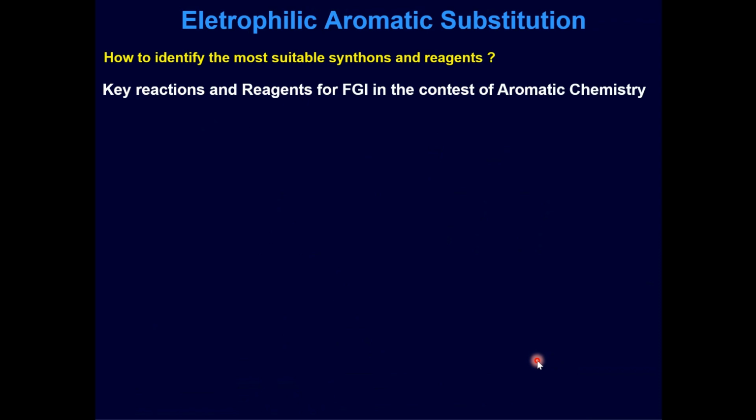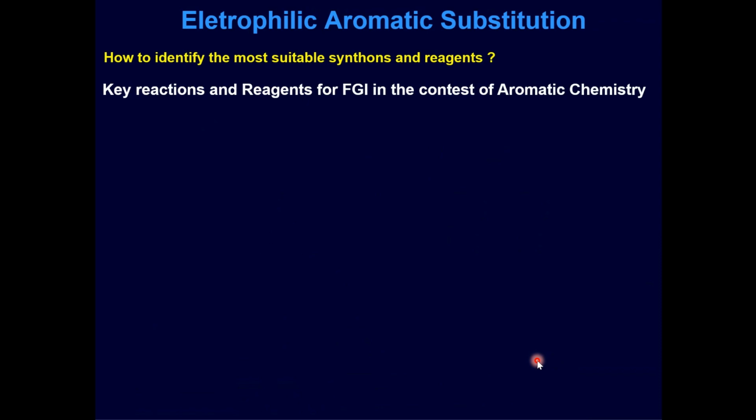Sometimes we know that directly adding a functional group may not be possible. As we have seen in benzocaine synthesis, the amino group I cannot directly attach to benzene because of the NH2 minus, and benzene is also electron rich, and we know that like poles repel each other.